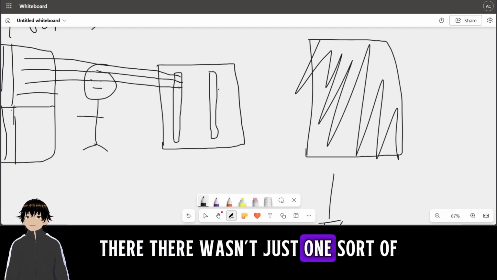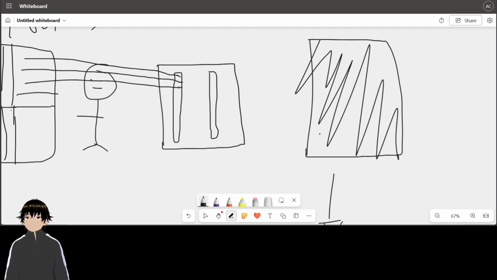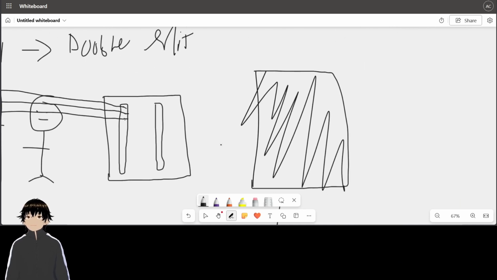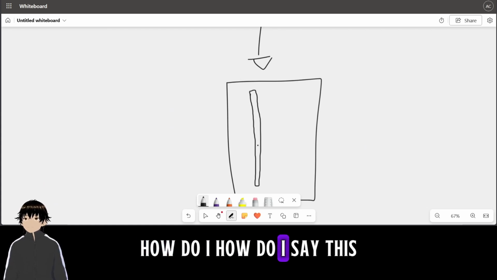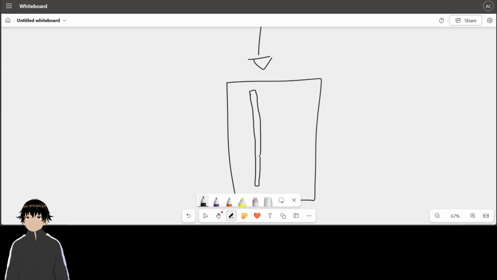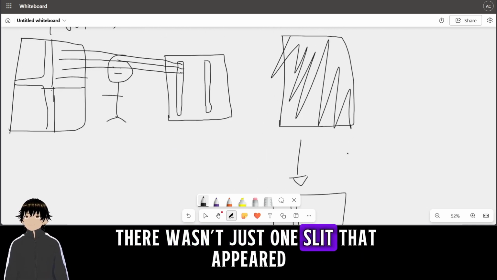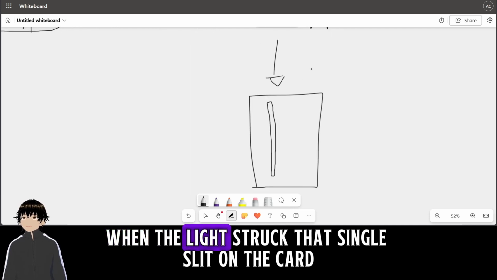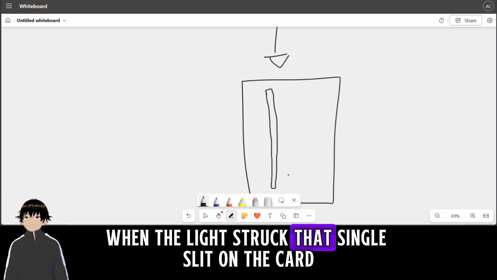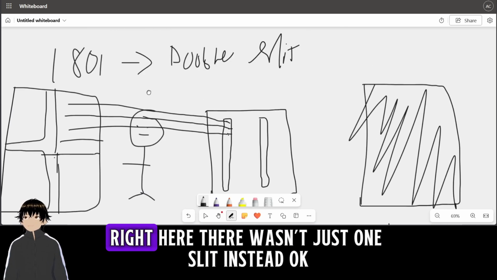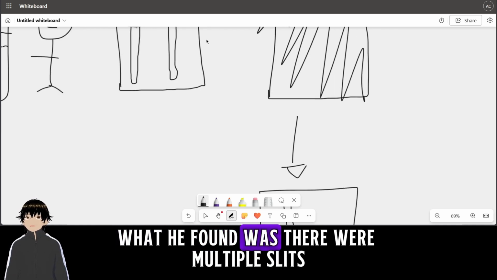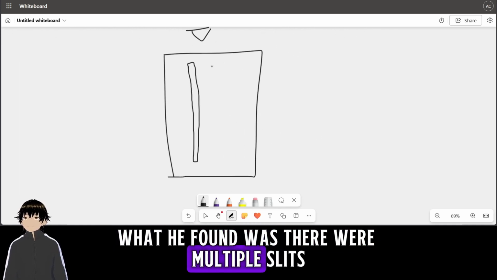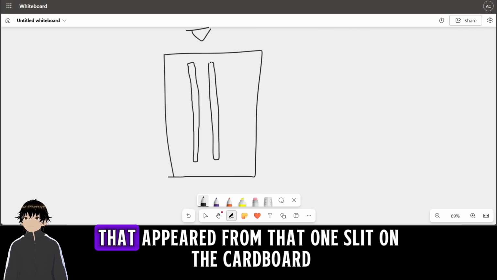There wasn't just one slit that appeared when the light struck that single slit on the card right here. Instead, what he found was there were multiple slits that appeared from that one slit on the cardboard.